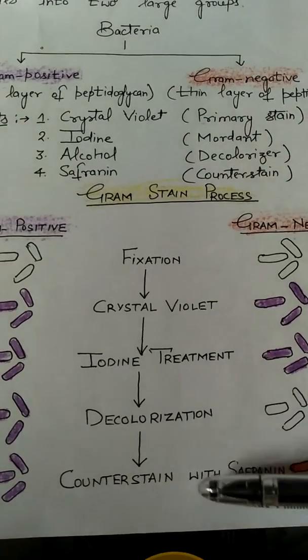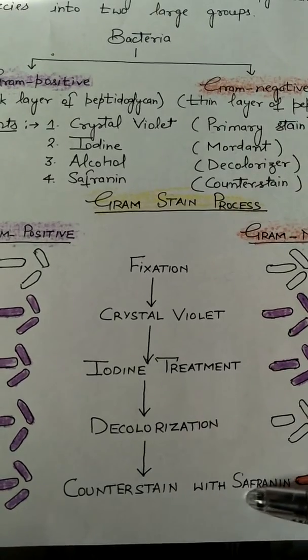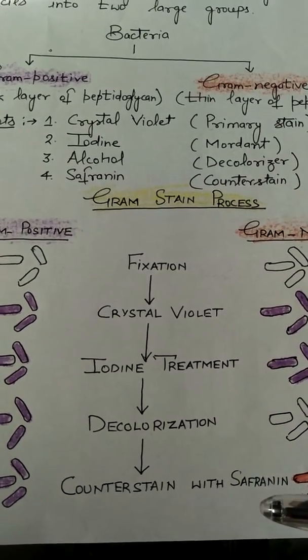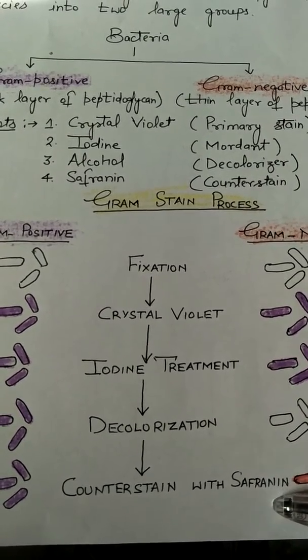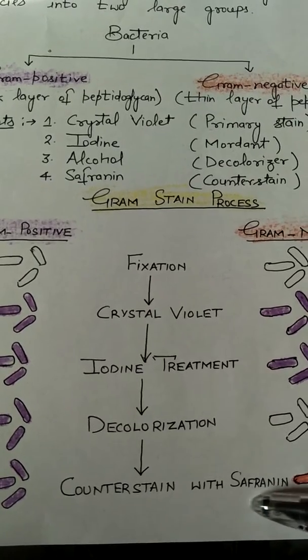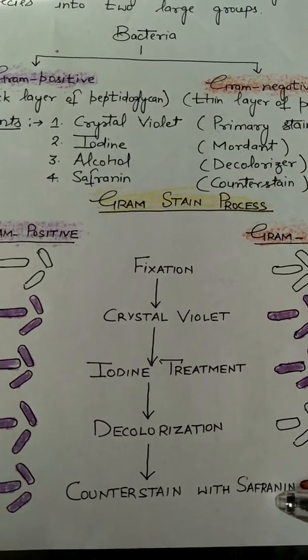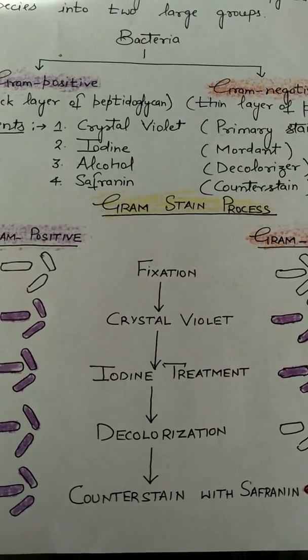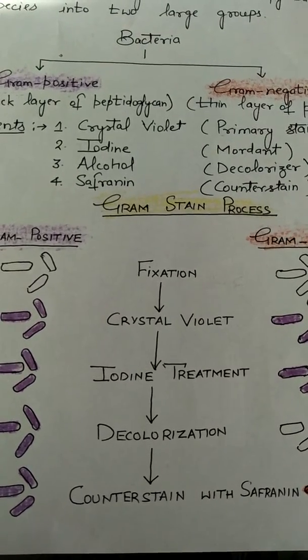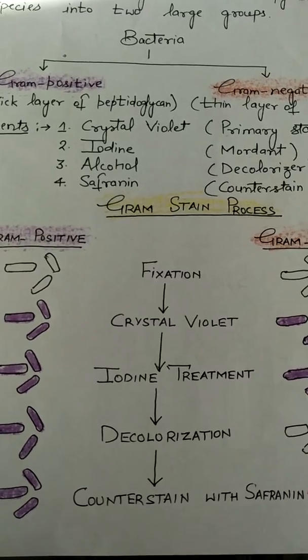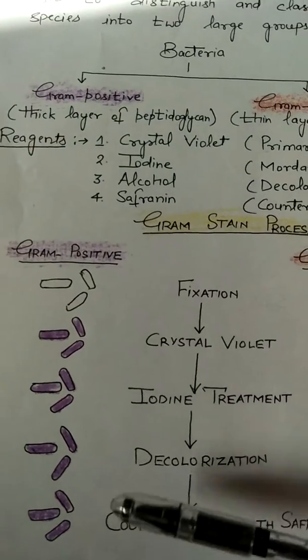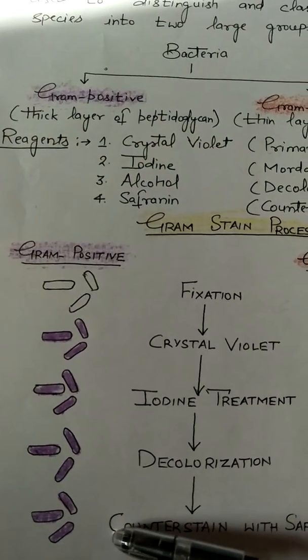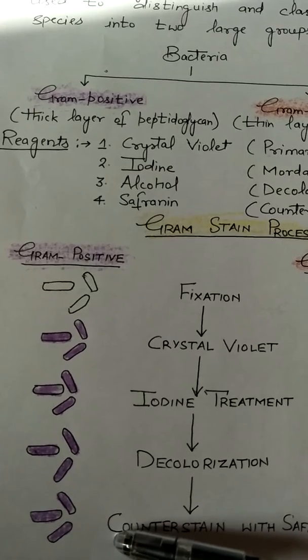And the final step is counter stain with safranin. So a counter stain, which is usually positively charged safranin, is added to the sample. Since safranin is lighter than crystal violet, it does not disrupt purple coloration in gram positive cell, right?